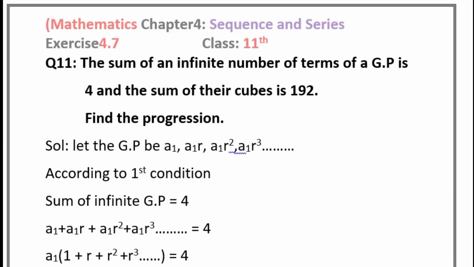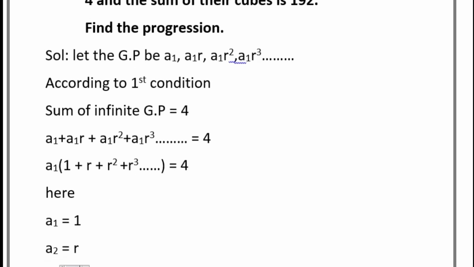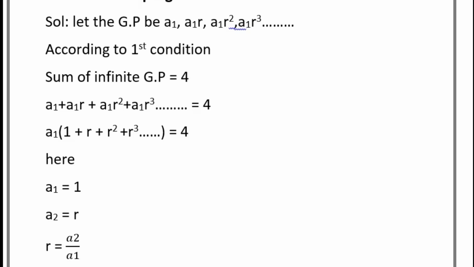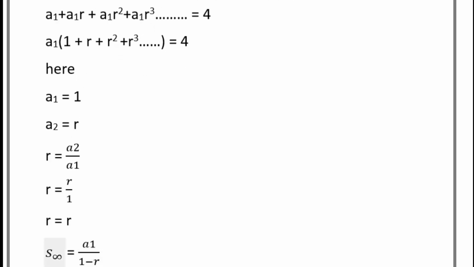So the infinite series can also be written in the form of a1. First term a1 is equal to 1, second term a2 is equal to r. So r is the common ratio, a2 divided by a1 is equal to r divided by 1, so r is equal to r. Sum of infinite series is equal to a1 divided by 1 minus r.